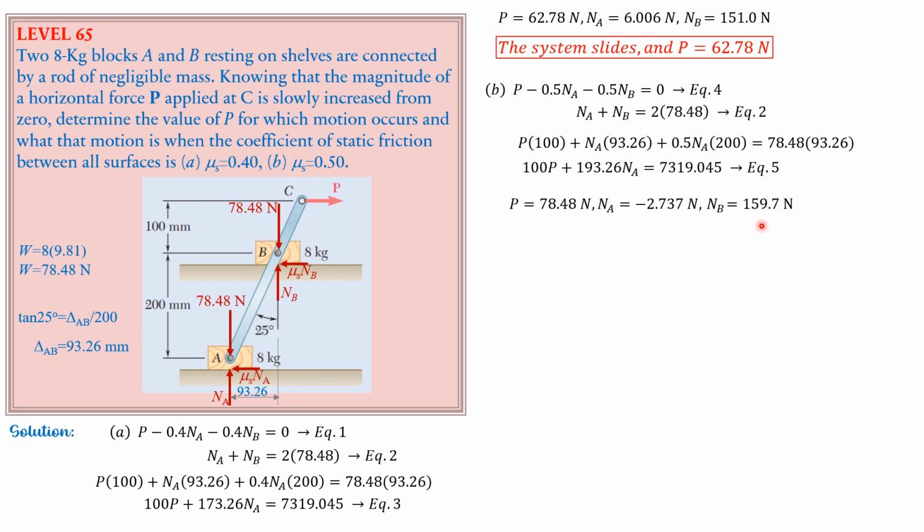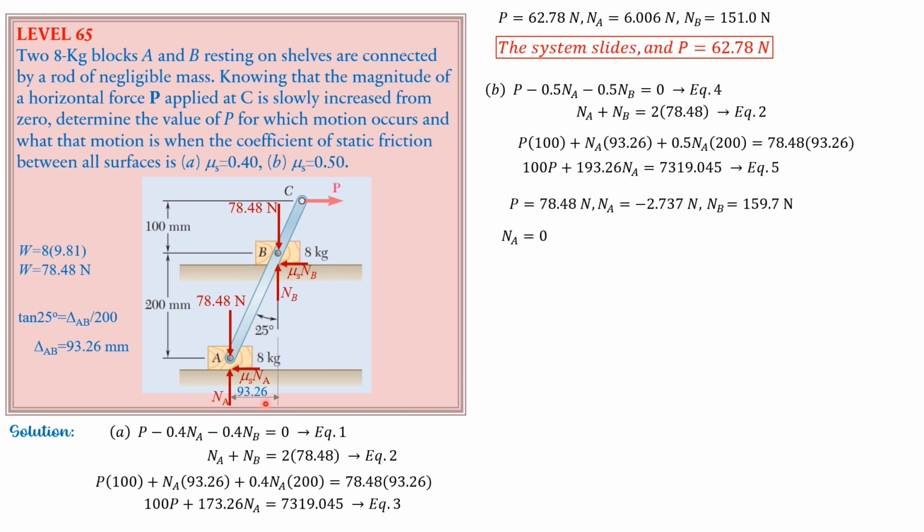and NB is 159.7 newtons. Because NA is negative, it means that this block does not touch the horizontal floor. So therefore, there's no reaction at A. So we just set NA equals 0.